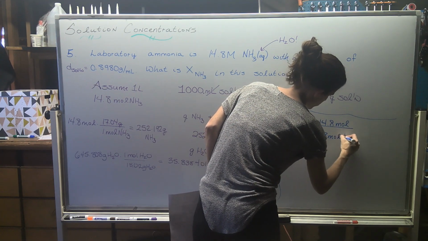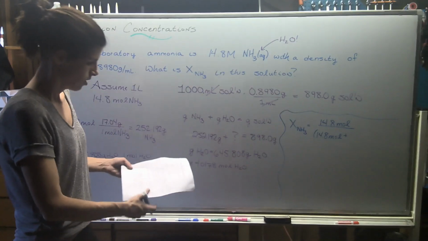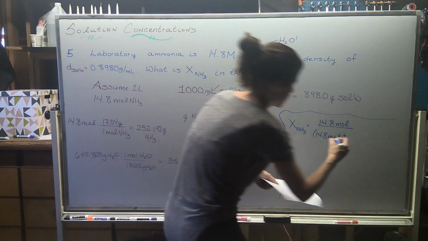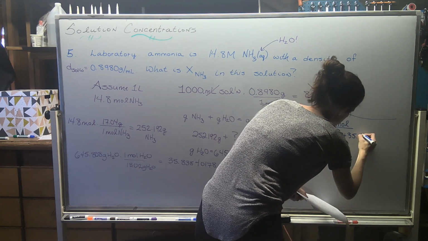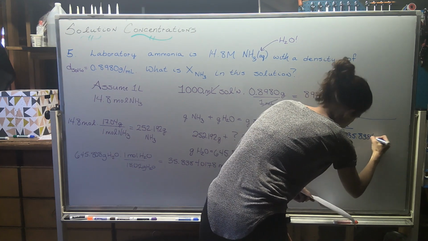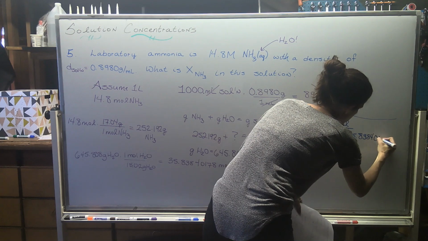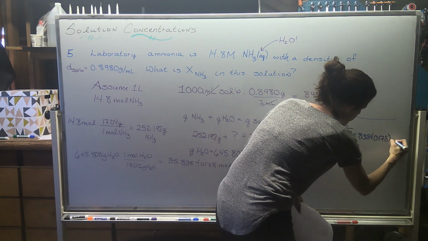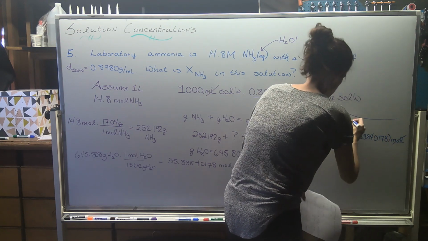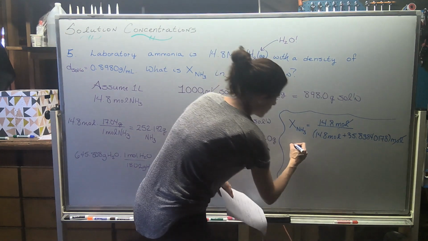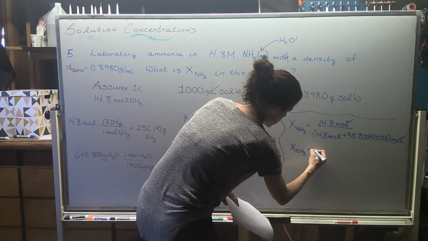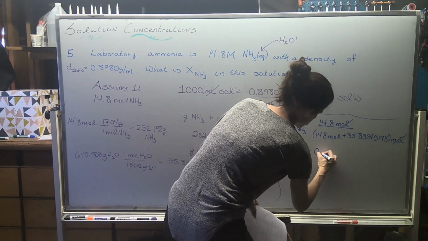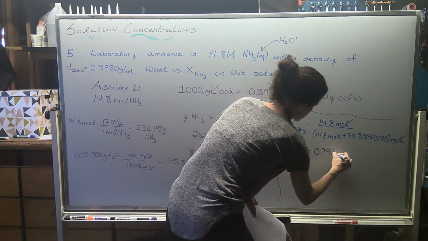So the 14.8 moles of ammonia plus this 35.83840,178 value. Moles cancel with moles. And at the end of the day, the mole fraction of the ammonia is equal to 0.292. It's unitless.